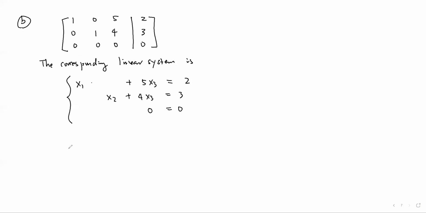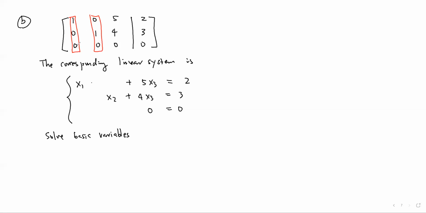Okay, now to find a solution of the linear system, solve the basic variables. Which variables are basic variables? The first column contains a pivot position. 1,1 is a pivot position. Second column contains a pivot position, 2,2 pivot position.